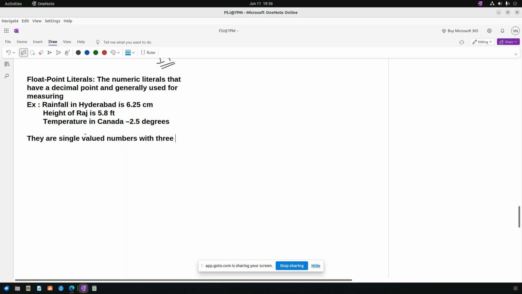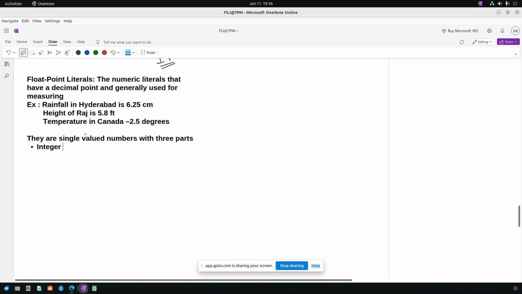They are single valued only, so don't think that they are multiple values. They are single valued only, but they do have three parts. So what are the three parts we talk about? The first one is the integer part.